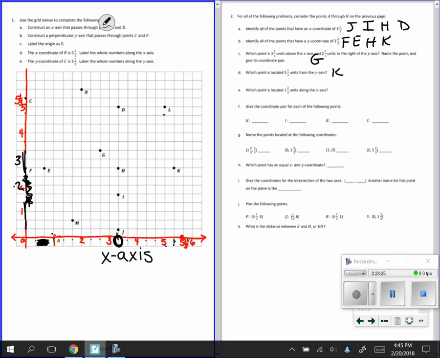So there's only one that is along the x-axis, 1 2/3, M. Because this one is going up, so that's along the y-axis. This one's going this way, so it's along the x-axis. So it's M.